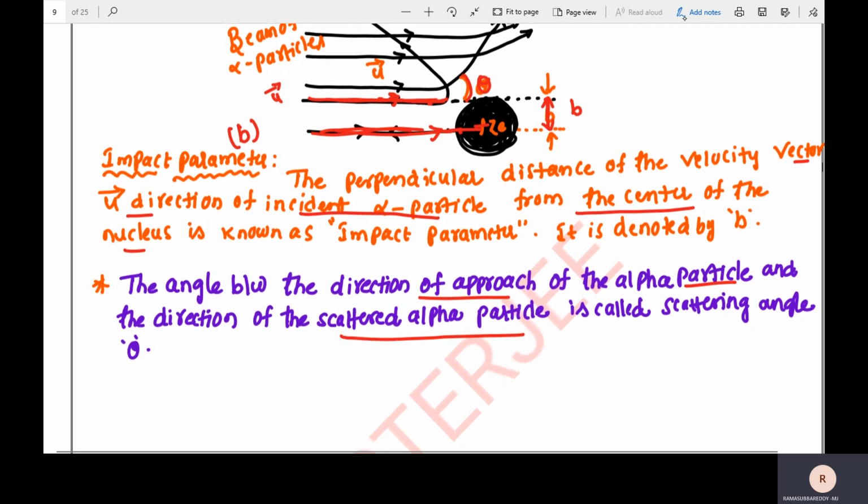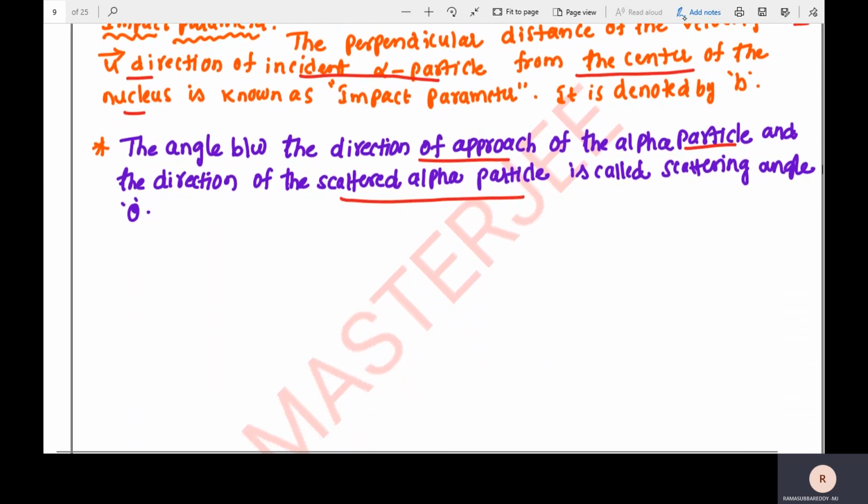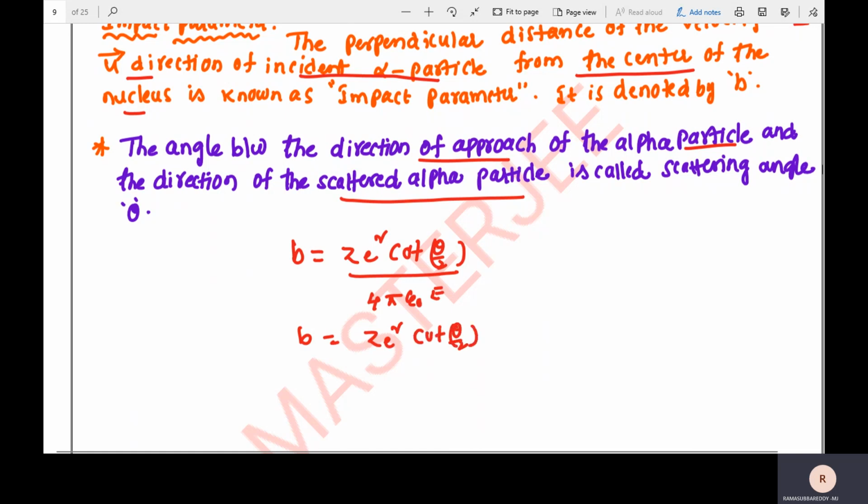Here we have the relation for impact parameter: b is equal to Ze square cot theta by 2, divided by 4 pi epsilon naught times E, or half m u square. This is an important relation.